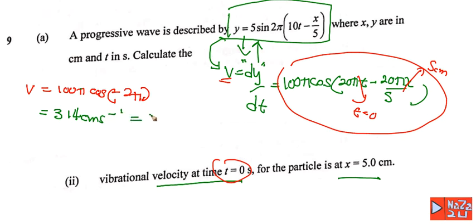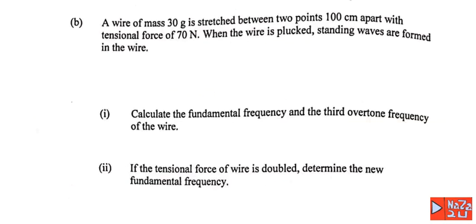Or you can convert to meters, which is 3.14 meter per second. This is how you can calculate the velocity when t is 0 and x is 5 cm.